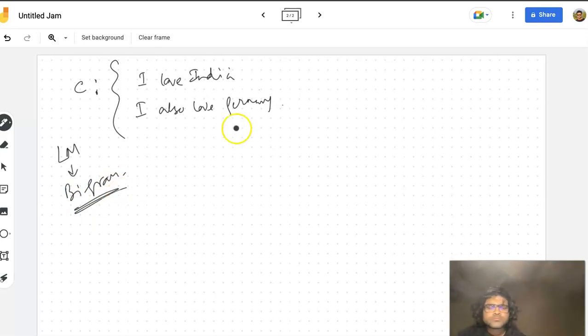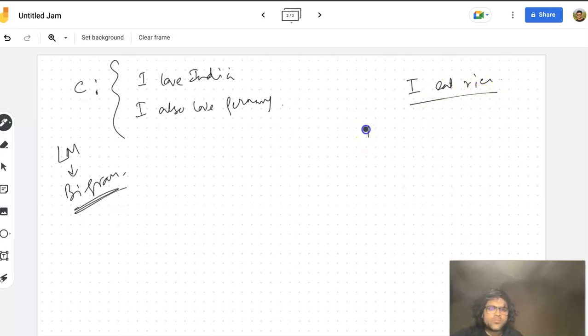Now suppose I want to check the probability of a new sentence: I eat rice. How will you calculate the probability of this sentence?